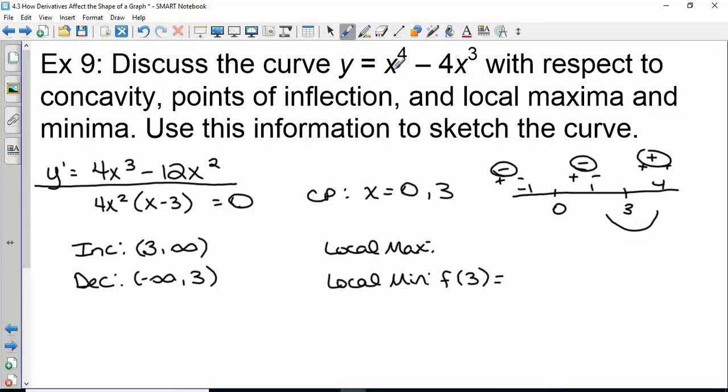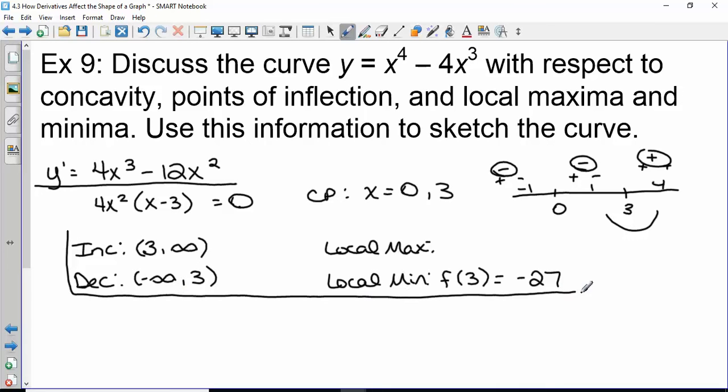So 3 to the 4th is 81 minus 4 times 3 cubed. What do we get? Okay, that's the first step. That's like what we did yesterday.